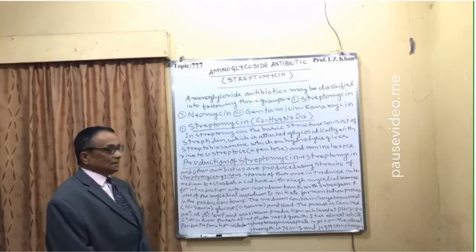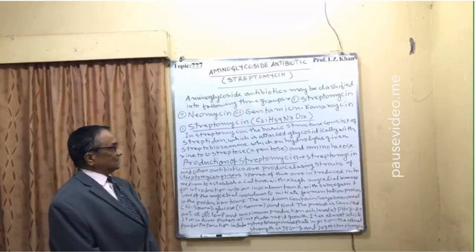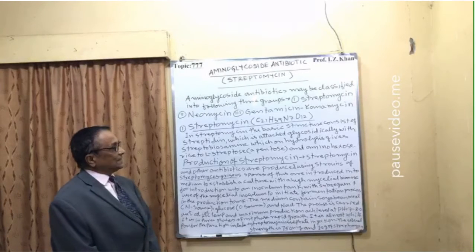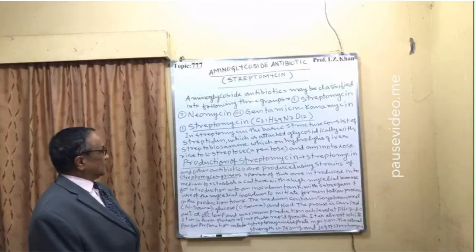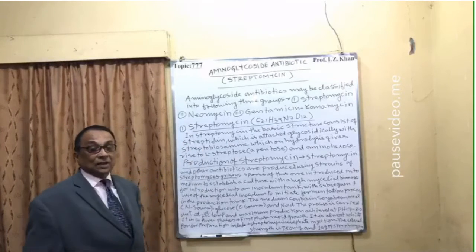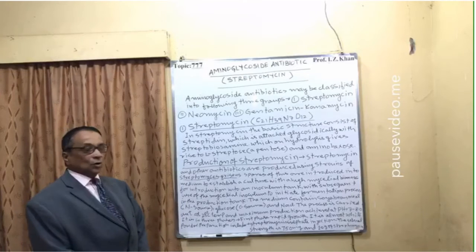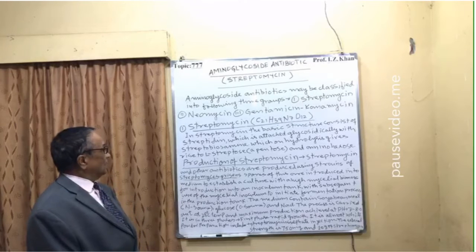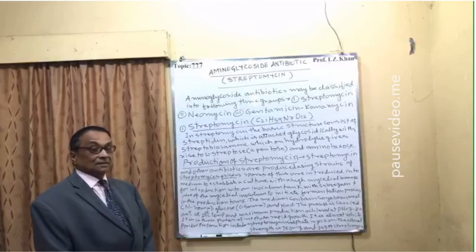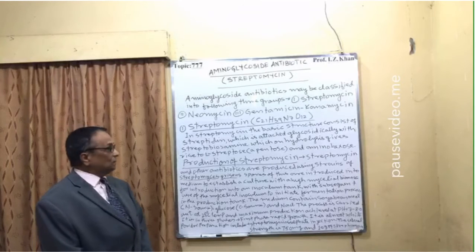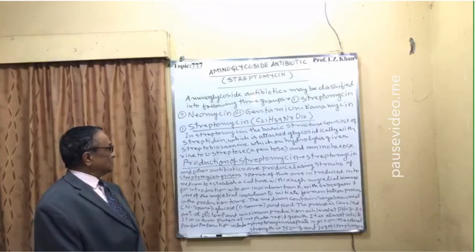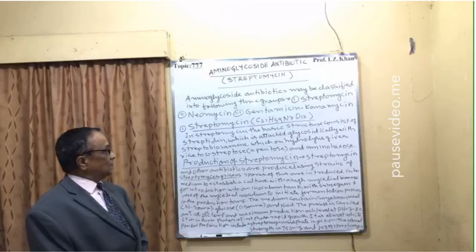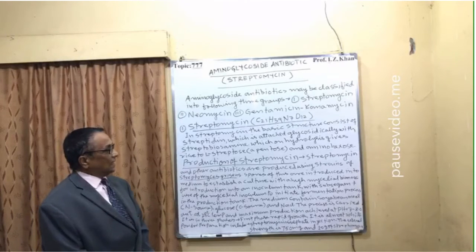Number 1 is streptomycin. The molecular formula is C21H39N7O12. In streptomycin, the basic structure consists of streptidine, and that structure I have given you, that streptidine, which is attached glycosidically with streptobiosamine, that is a hexose with amino group, and which on hydrolysis gives rise to L-streptose, and that L-streptose is nothing but a pentose, 5 carbon atoms, and amino hexose.